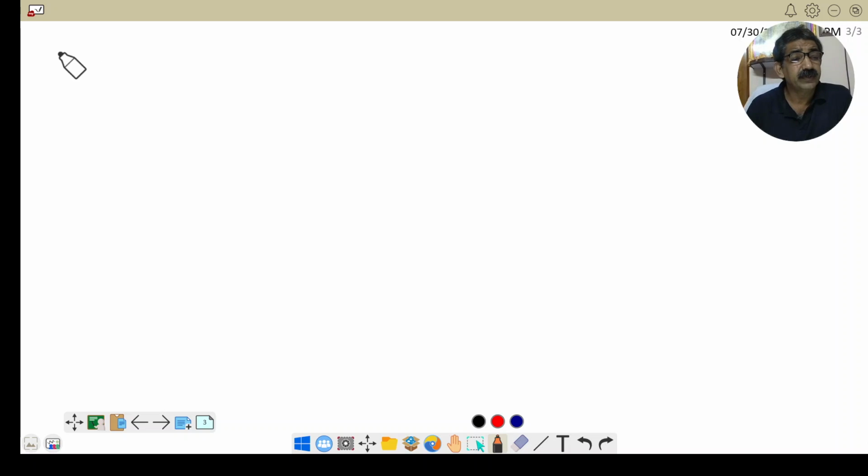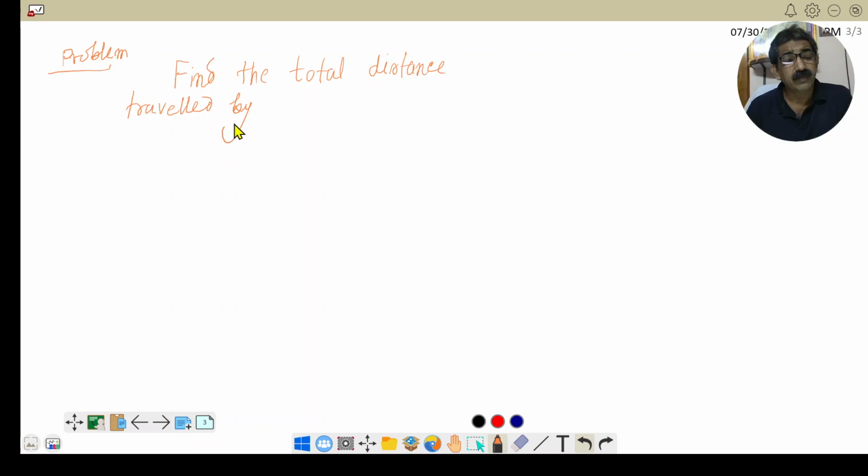Page 3 problem. Number one, find the total distance traveled by the car during its accelerated motion.